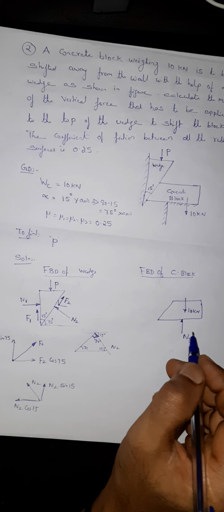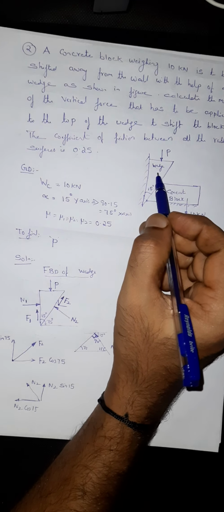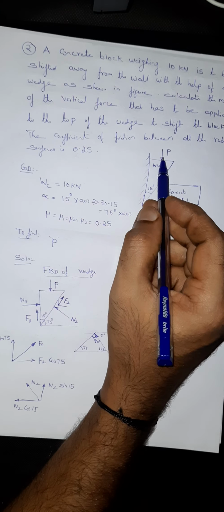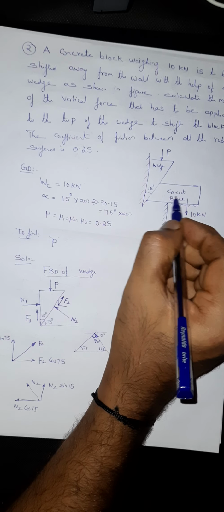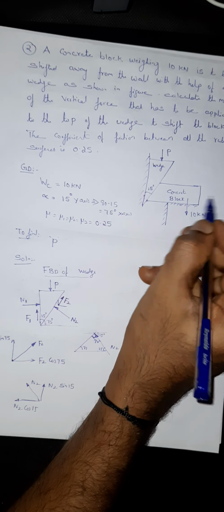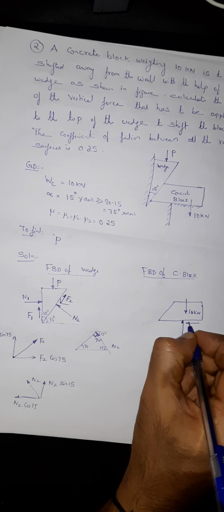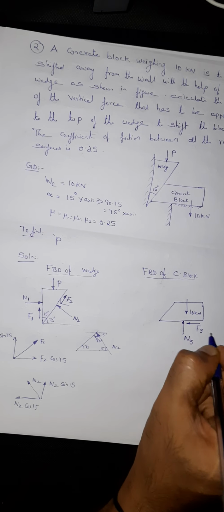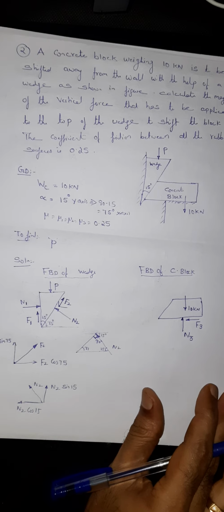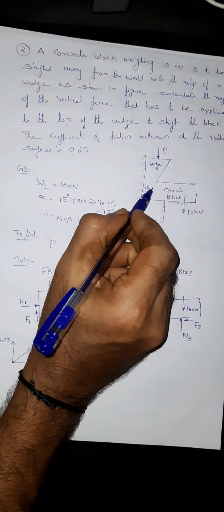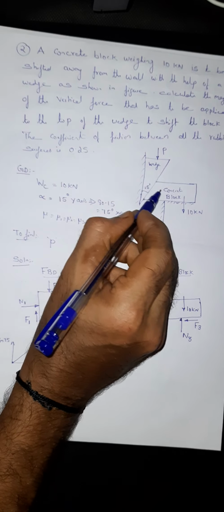Then what about the friction? When the force is applied here, the block tends to move in the positive x direction. So therefore the friction will be in the opposite direction of the motion. Right. And here there is a contact, that means wedge and concrete block.